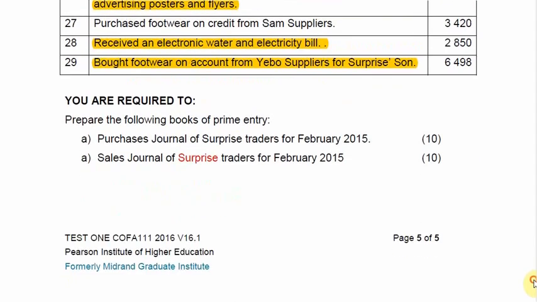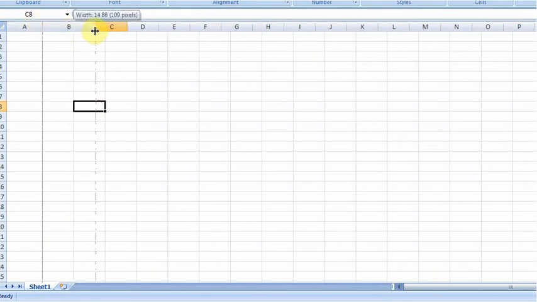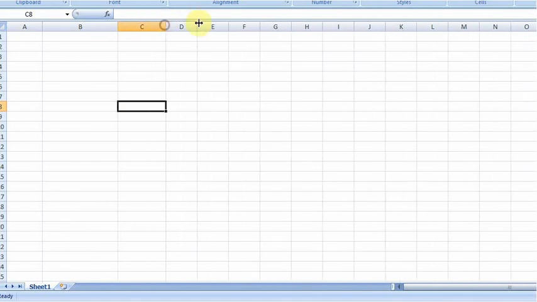So I'm going to my spreadsheet, and I'm going to set up the first required part, which is the purchases journal. So what do I have in the purchases journal? Of course, the date. Then I have a description of the creditor, and then I'm going to have 3 columns there.